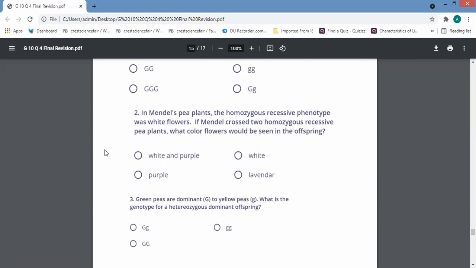If Mendel crossed two homozygous recessive pea plants, what color flowers would be seen in the offspring? White. Sure. Approximately white.